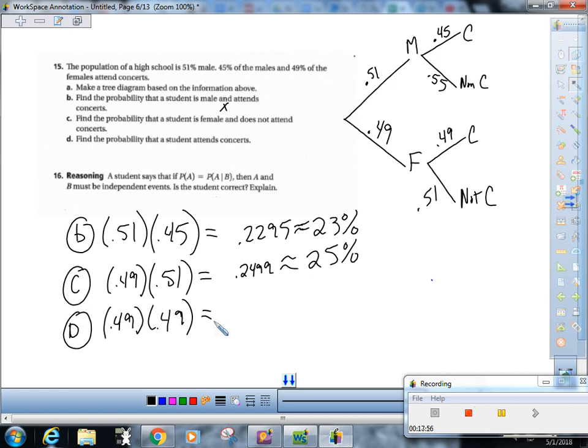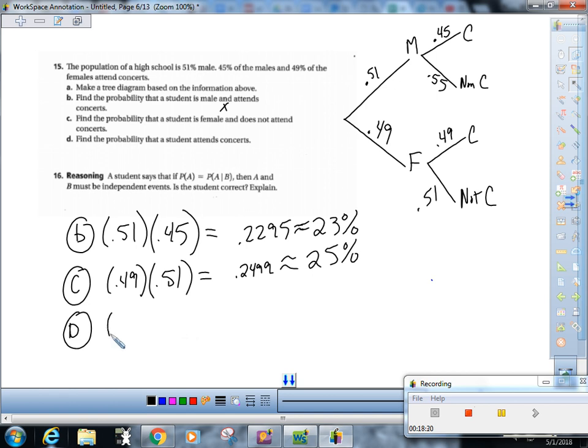Find the probability that a student attends concerts. I think we got to do the probability that a male attends concerts plus the probability that a female attends concerts. No, I think they're mutually exclusive, so we don't have to subtract anything.